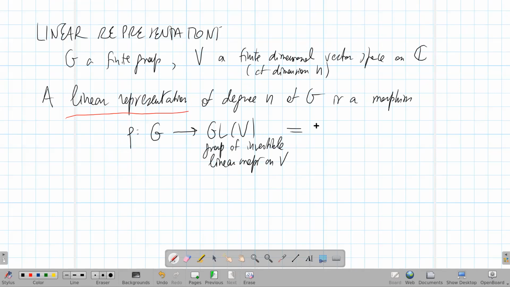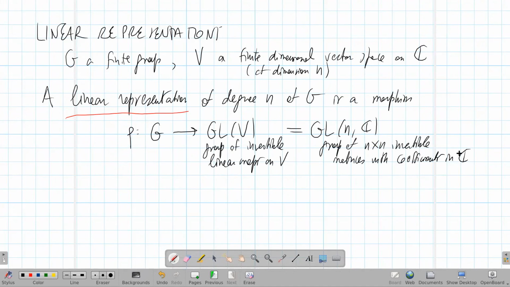And then in practice, we will have GL_n(C). So this is the group of n by n invertible matrices with the determinant different from 0, with coefficients in C. Okay. Well, of course, this equality has to be taken with caution, because this is abstract, and to go from this to this, you have to choose a basis, and then you can get different things. Okay.